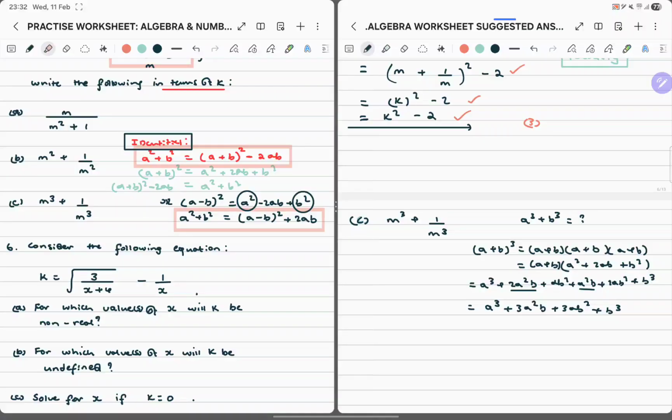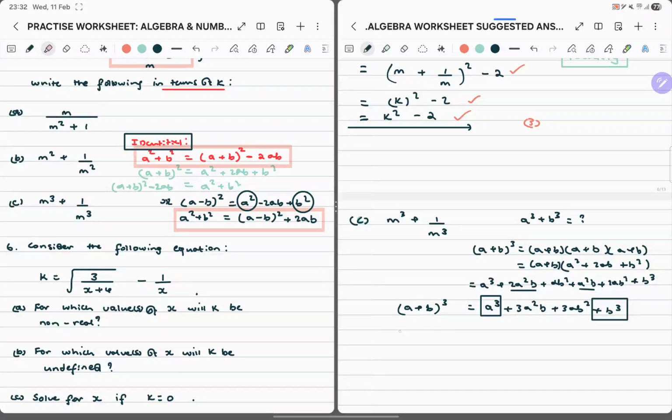Now, this is easy because we can do this, right? Folks, remember, the left-hand side is still (a plus b) all cubed. Now we take these and keep them on one side.